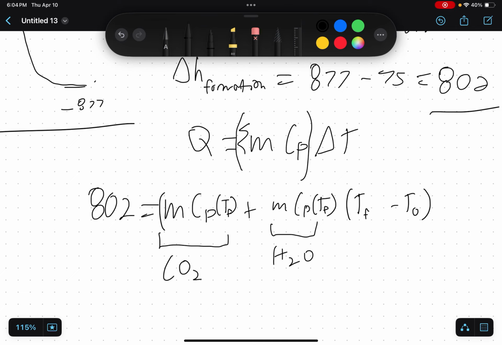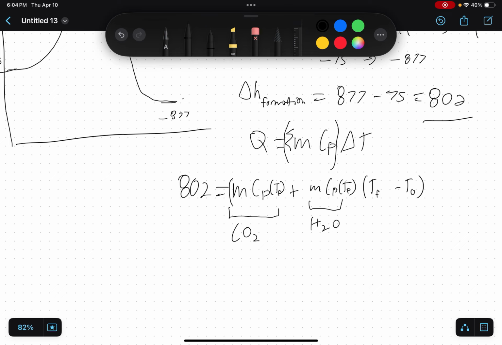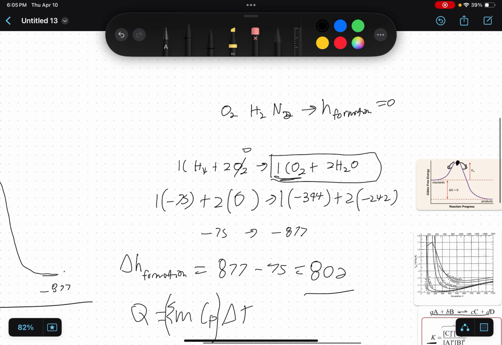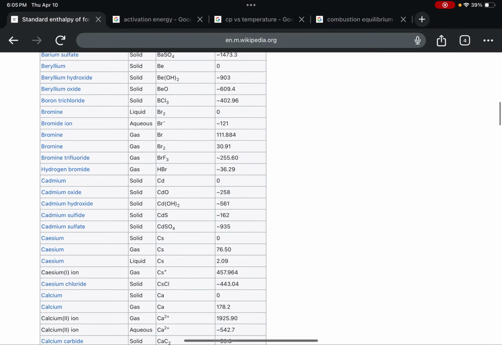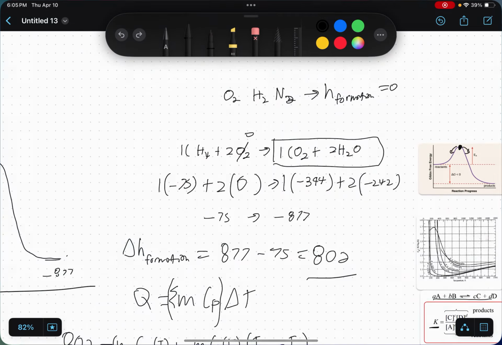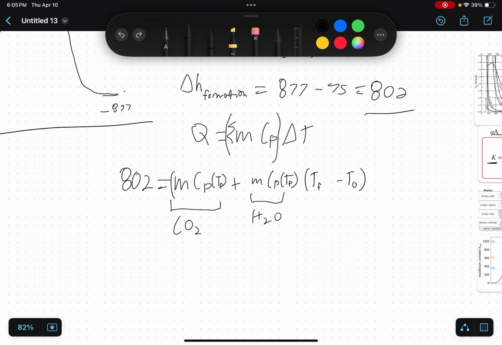So in this equation, the good news is your only unknown is T final, because you have the 802, you have the M. If you're doing this problem, it would just be 1 mole of CO2 and 2 moles of H2O, because they gave these units in kilojoules per mole. And then you have 3 temperatures. You have Cp, which is a function of temperature for both of them. And then you also have just temperature as itself.